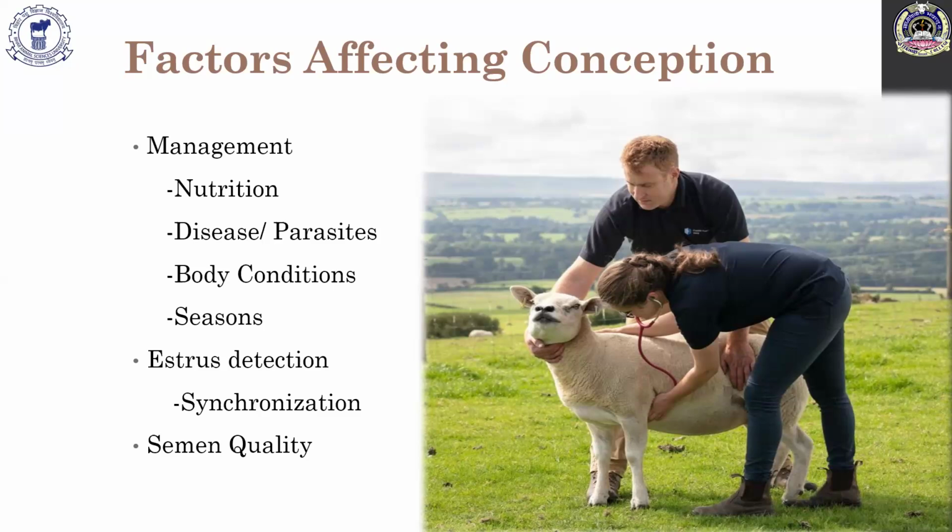The mineral mixture, the salt percentage, the supplements, the probiotics, all these factors play a very crucial role in the nutritional aspect of the animal for a good conception rate. If this is not checked properly, the conception rate will surely decline.